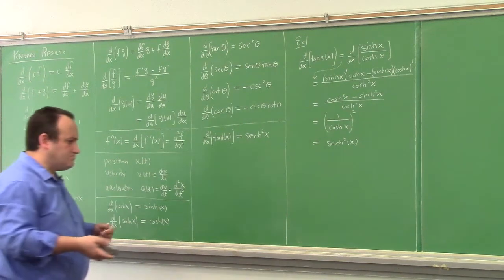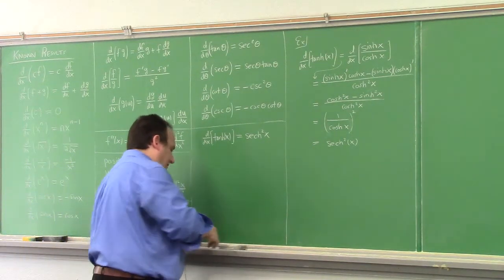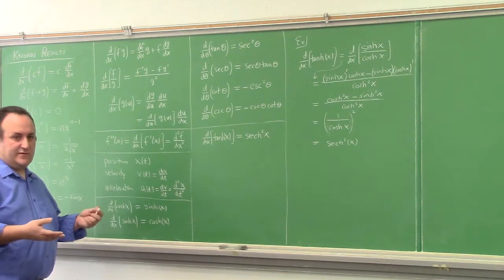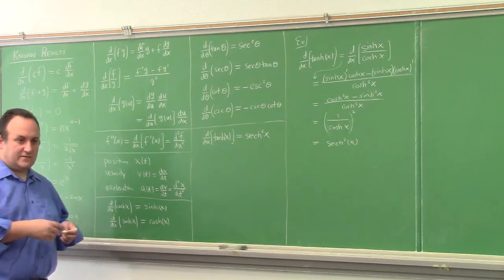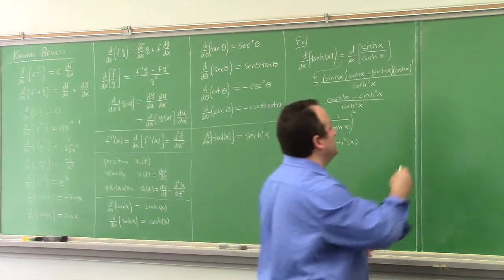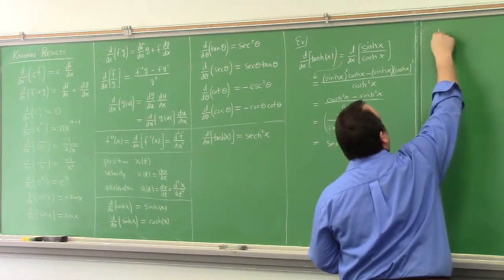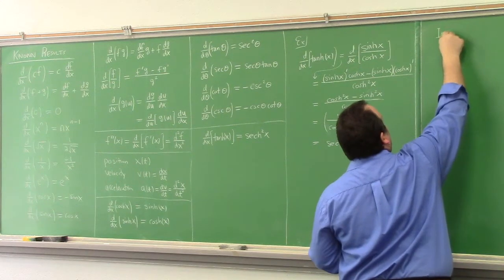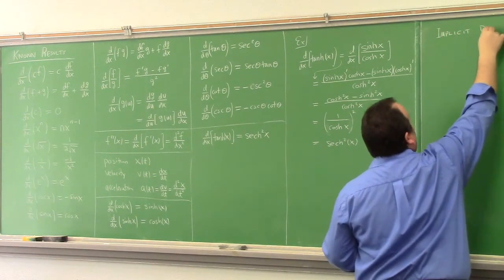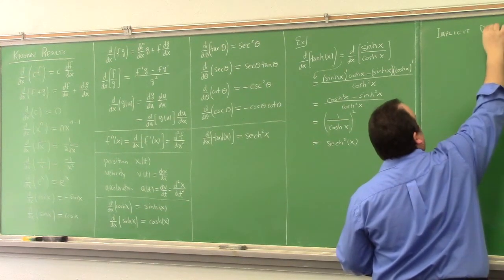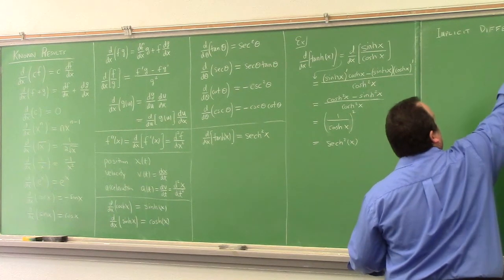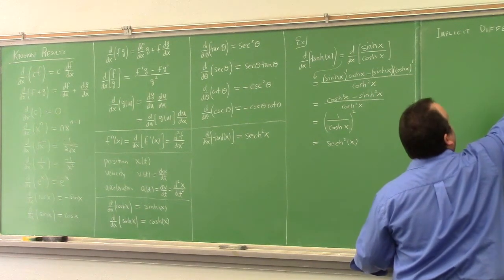And now I'm going to talk to you about the next part of our thinking in differentiation, which is what's called implicit differentiation. So the idea of implicit differentiation: what does this word mean, implicit?